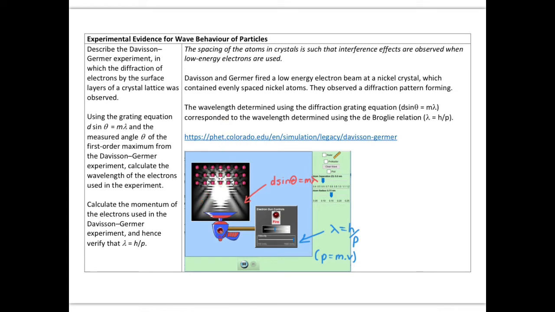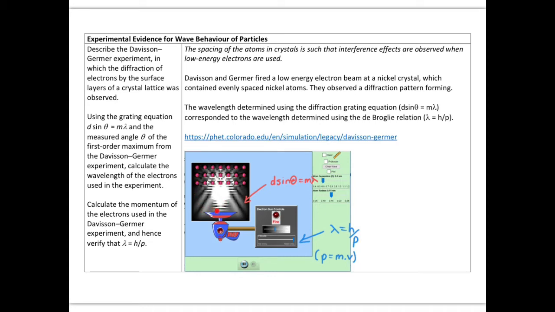We don't need to understand the difference between those two, but the similar principles apply. A nickel crystal acts like a diffraction grating, and we can see a diffraction pattern, so a series of high intensity and low intensity peaks in the reflected beam, as you would expect to in a transmitted beam from a diffraction grating. So they fired these electrons at this nickel crystal.